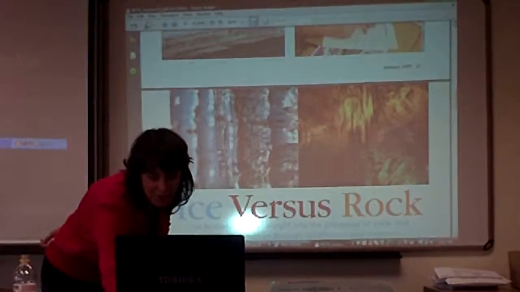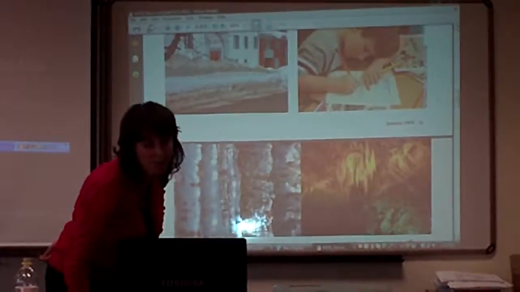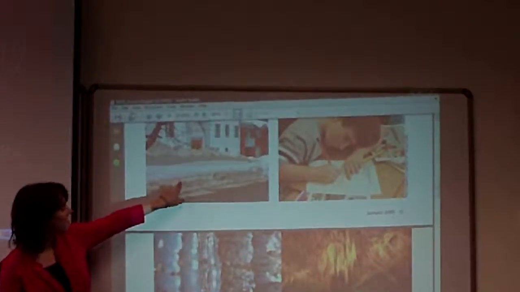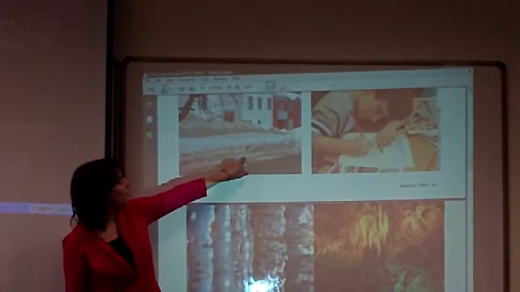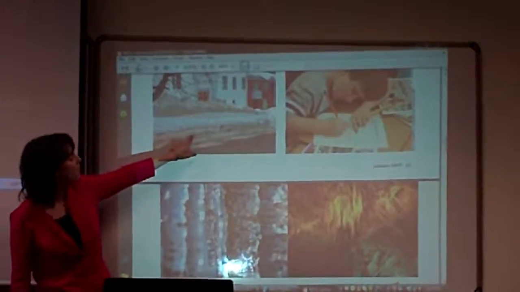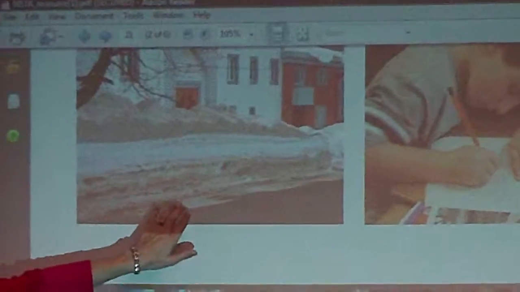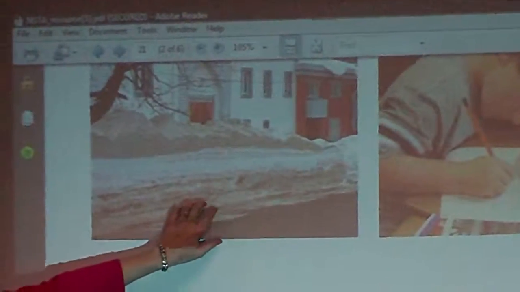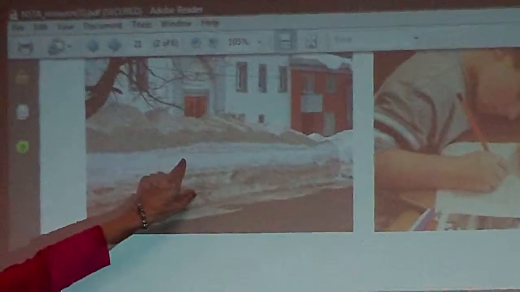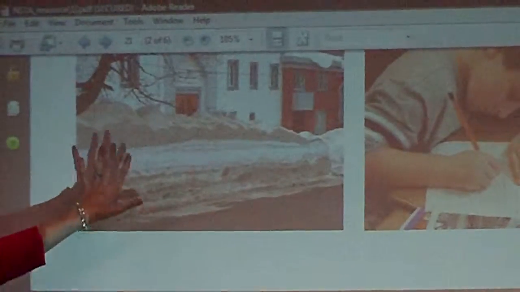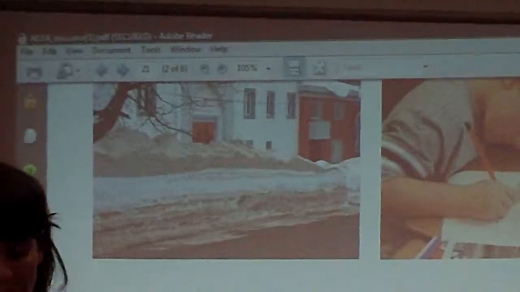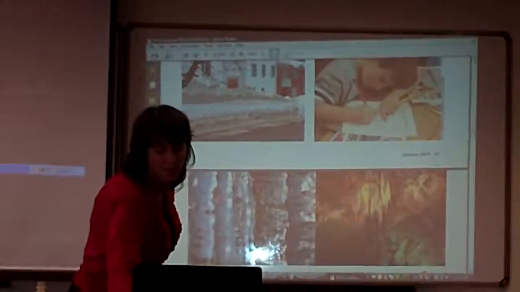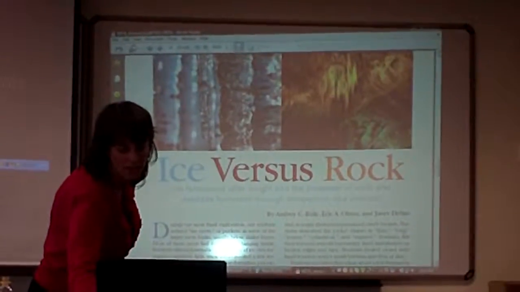Look at this picture of the snowbank. Can you see? This is the older, and they can tell what is happening in the snow based on the layers. The snow first, cars went by, they shoveled it. This is newer snow. By the dirt and the layers of the rocks, this is an example of sedimentation. And that's from the NSTA website.